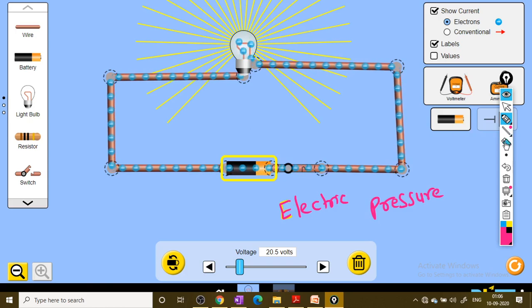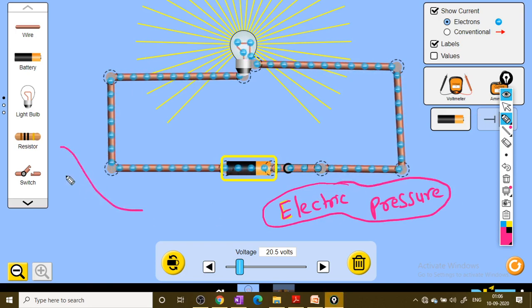So we know the importance of pressure. Water always flows from high pressure to low pressure. If there is no pressure difference, water won't flow at all. That's the reason water always flows from high pressure to low pressure region. Similarly, the electrons also move from high potential to low potential.